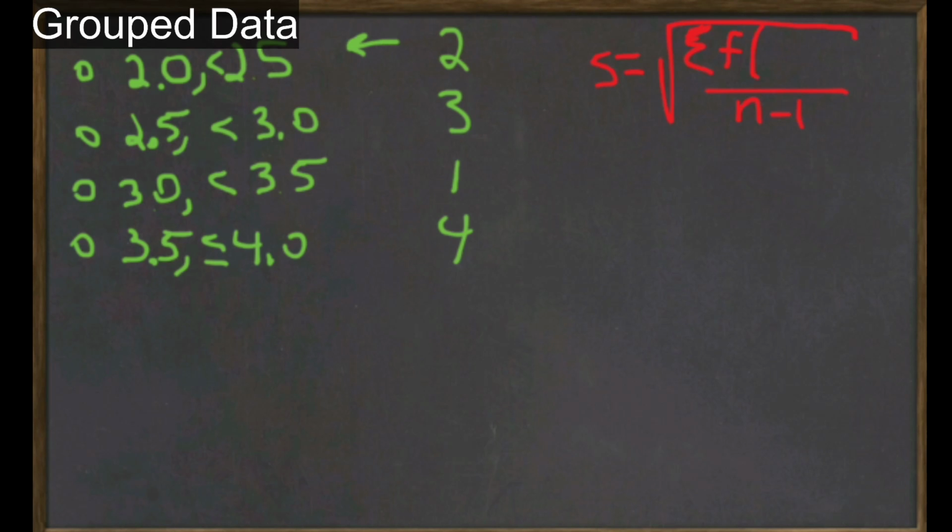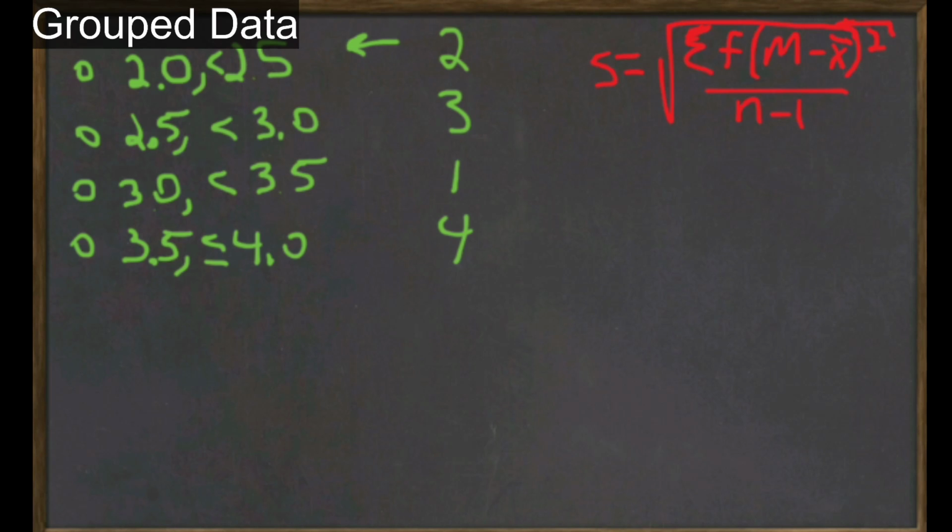And then we're going to look at how far the midpoint of each group is compared to the mean. That's squared. All that's within the square root. So again, what we're taking out is the specific values of x, and we're relying on the midpoint of the group. So let's walk through this example.